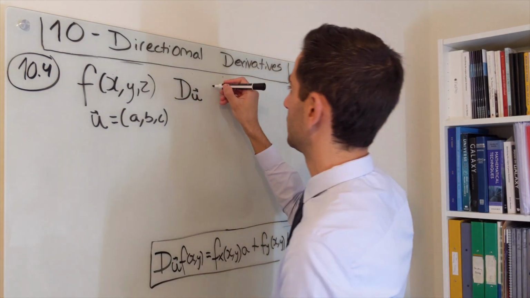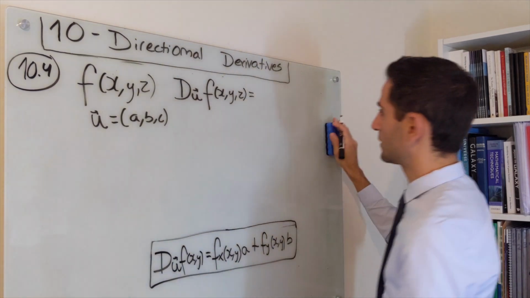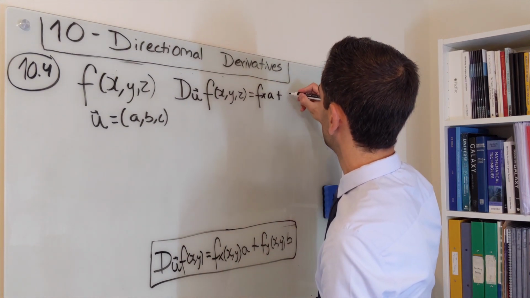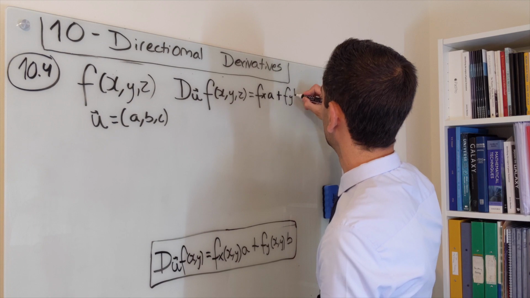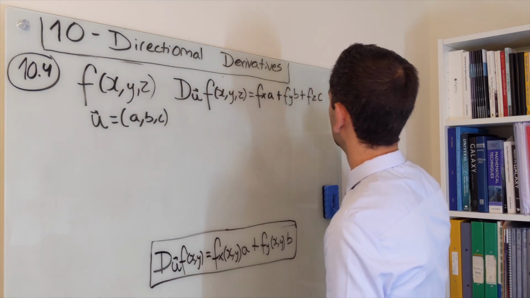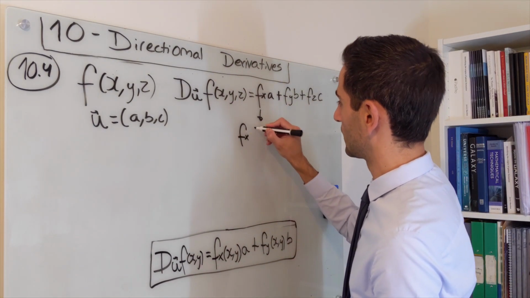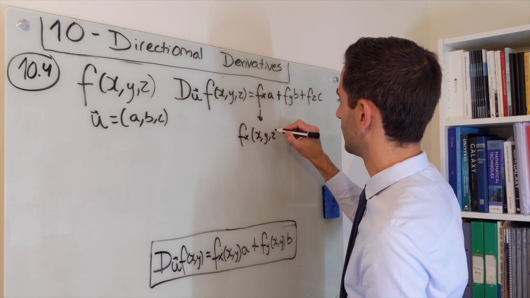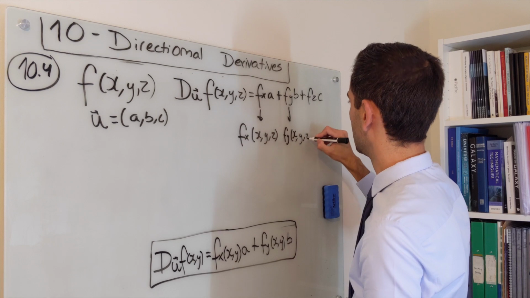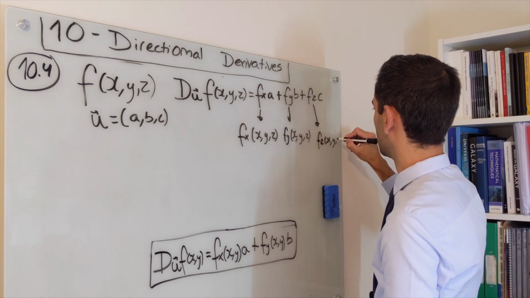This directional derivative of f(x, y, z) is just given by fx times a plus fy times b plus fz times c. Where in this case, when I write fx, I typically mean fx of x, y, z. In this case, fy of x, y, z. And in this case, fz of x, y, z.